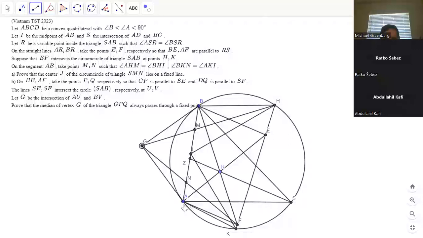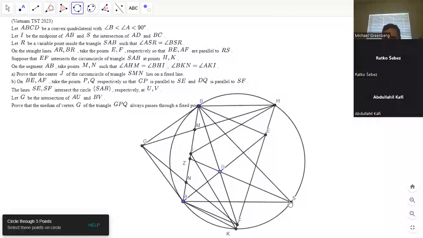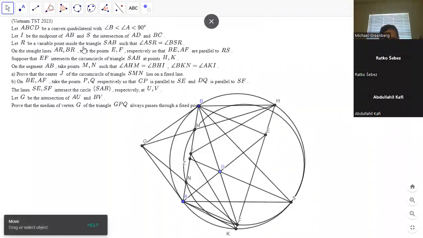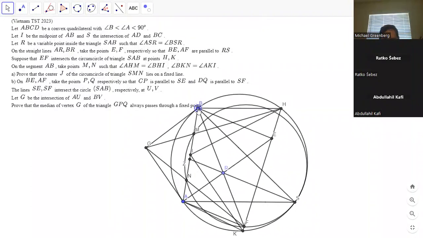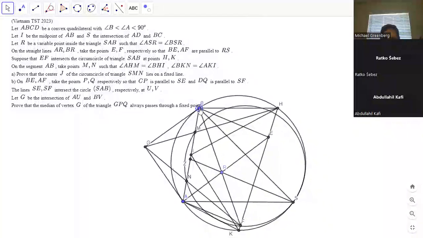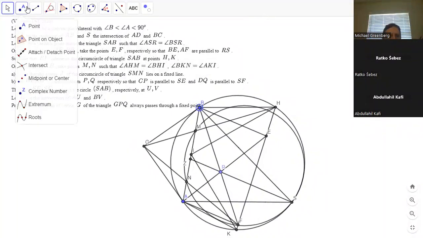Prove that the center of the circumcircle of SMN lies on a fixed line. And does K, what is K? Does K also lie on it, or, no, that's this circle. And does F lie on that? No, F does not necessarily lie on that. So we'll just have to remember that.